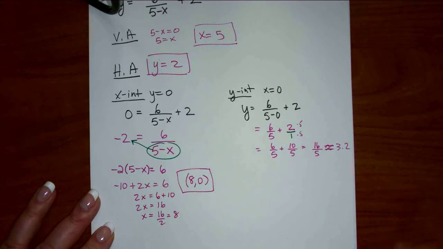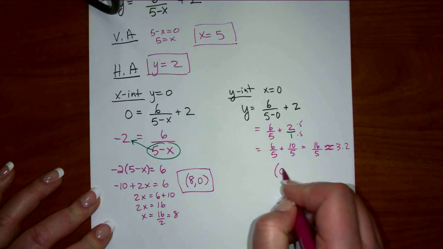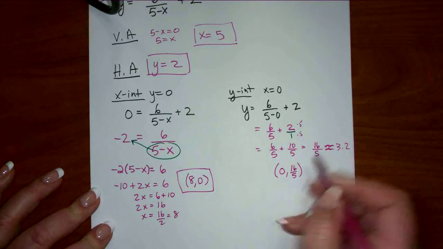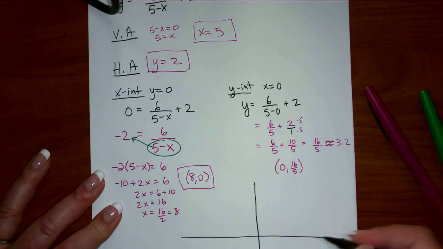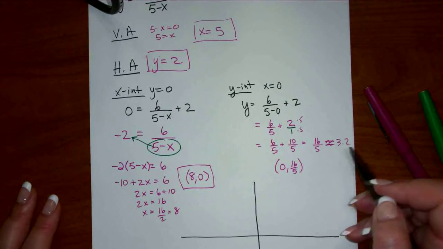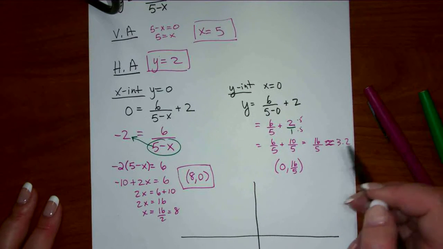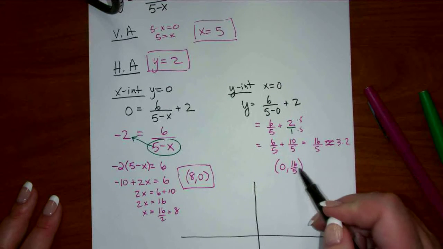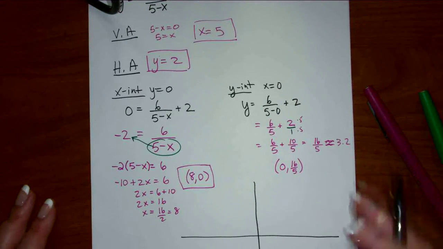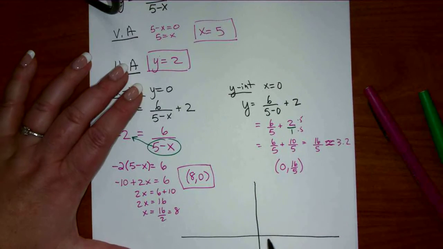All right, that's enough. So 0 and 16 over 5. And again, that's an exact number, and if you knew that 3.2 was the exact answer, you don't need to write the fraction. You could write 3.2. Asymptotes first. So x is 5.